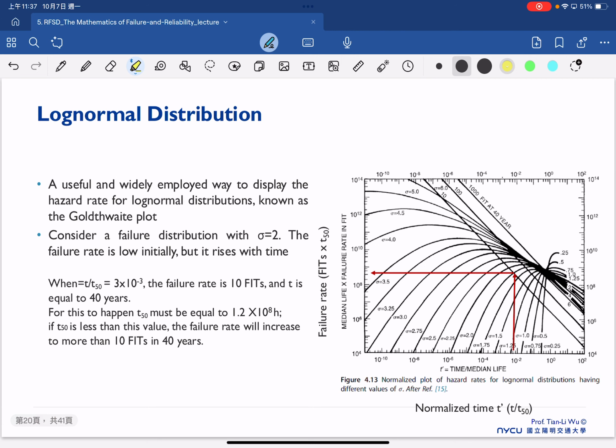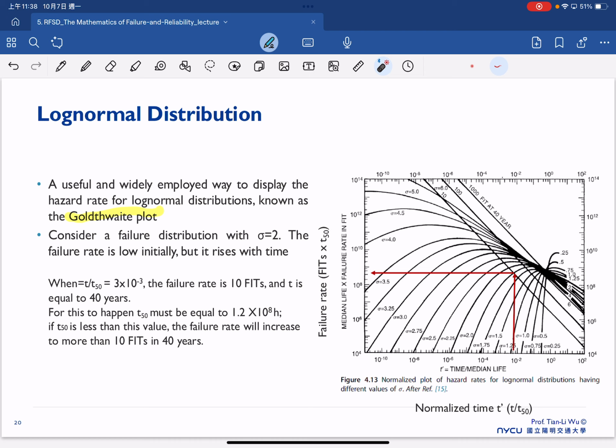But in the past, some of the researchers created this plot that gives us an easier way to use the log normal distribution. So this is just one example. The x-axis is time over median lifetime, and the y-axis is failure rate, and all this plot is based on the log normal.